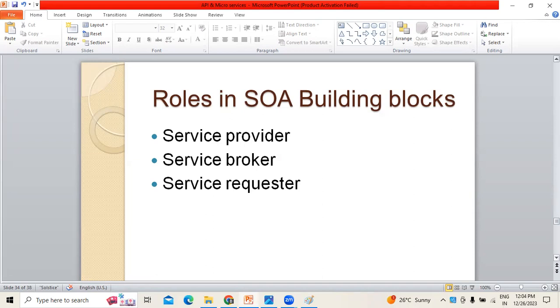Now, what exactly does the service provider do? Write down under service provider: this role works in conjunction with the service registry.